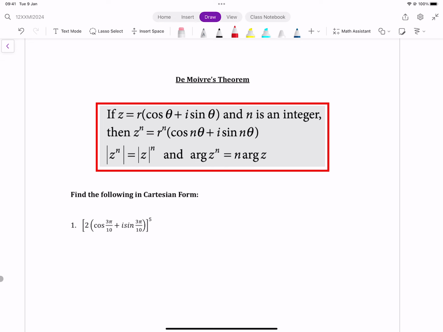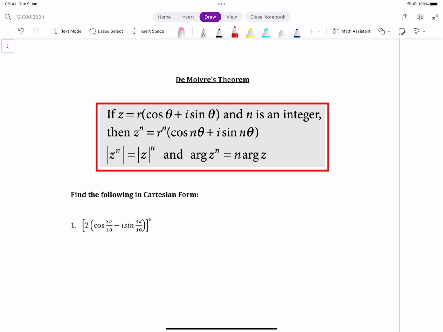Alright, so today we're going to be learning about de Moivre's theorem. De Moivre's theorem is a theory in complex numbers that allows us to take powers of complex numbers in a much faster way than what we would do in Cartesian form.